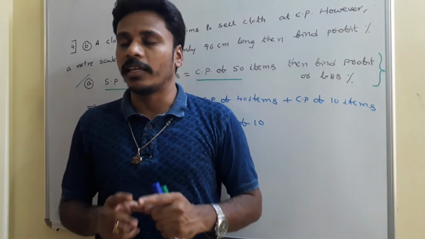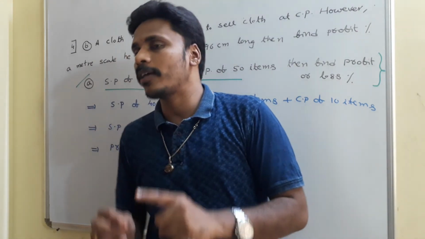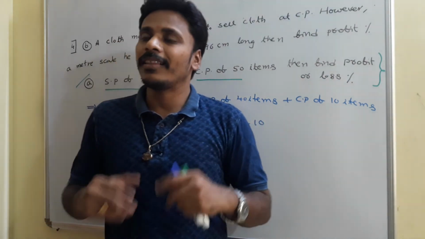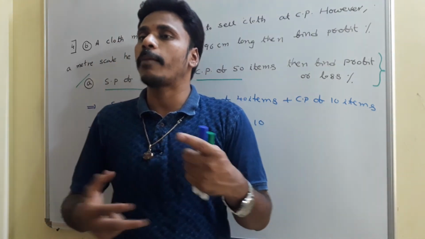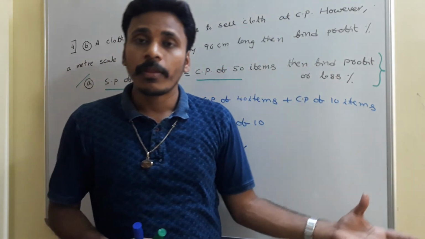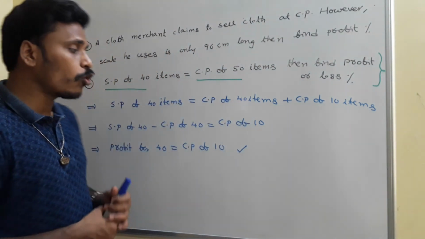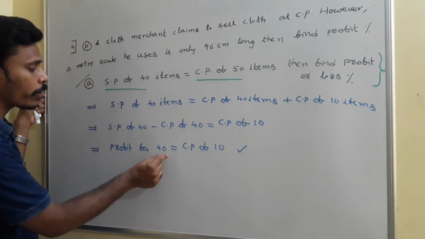What I am saying is, in a particular situation, if the cost price and selling price are the same and you change the number of objects, then the amounts may change, but the percentage of profit and loss won't change. So here we need to calculate the profit percentage for 40 items.